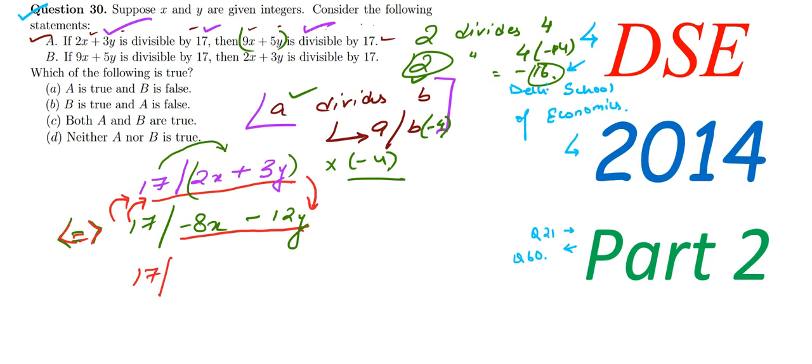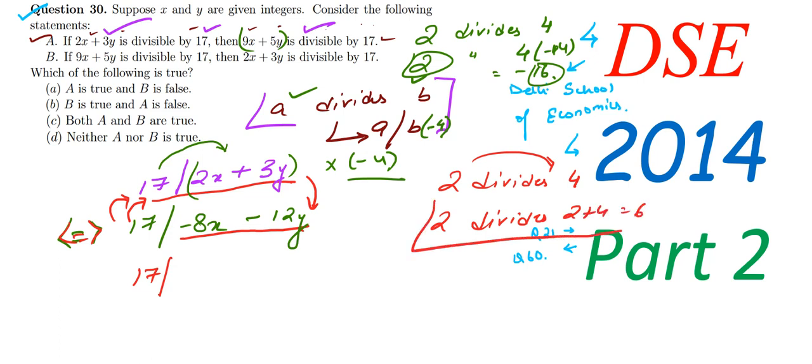Now what we can do is add 17x and 17y on both the sides. For example, let us take again the example of 2 divides 4. Then we can add 2 here, and let's check. 2 divides 2 plus 4, that is 6. So this statement is absolutely true, that is 2 divides 6. Or let's check another example.